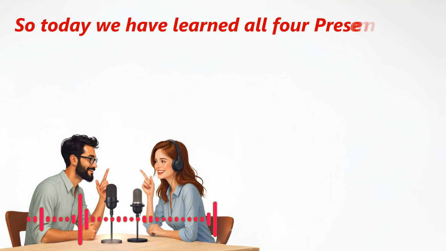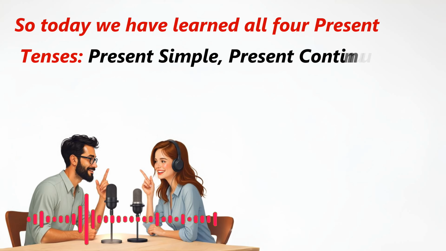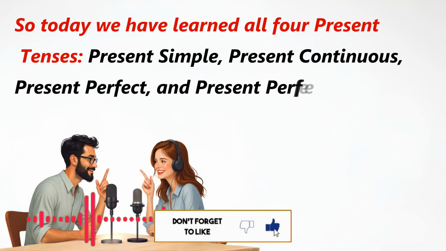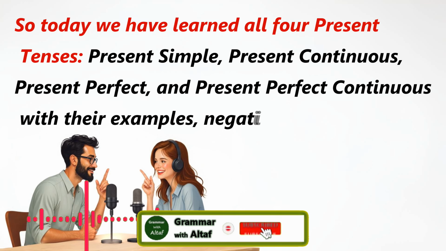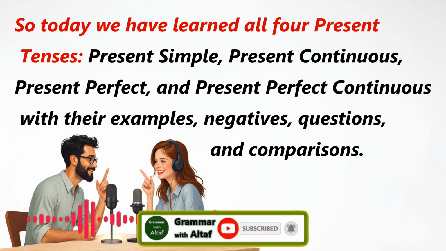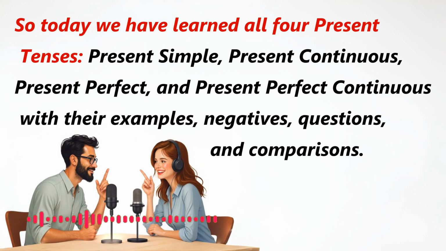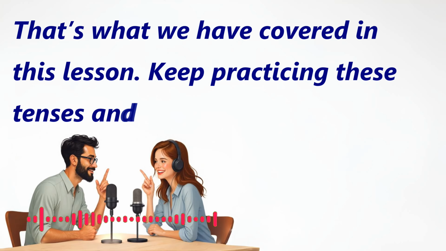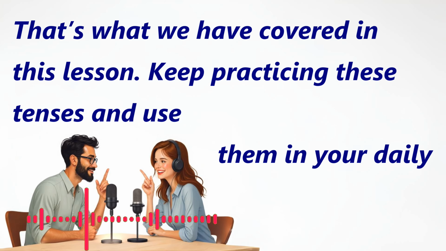So today we have learned all 4 present tenses: present simple, present continuous, present perfect, and present perfect continuous with their examples, negatives, questions, and comparisons. That's what we have covered in this lesson. Keep practicing these tenses and use them in your daily life.